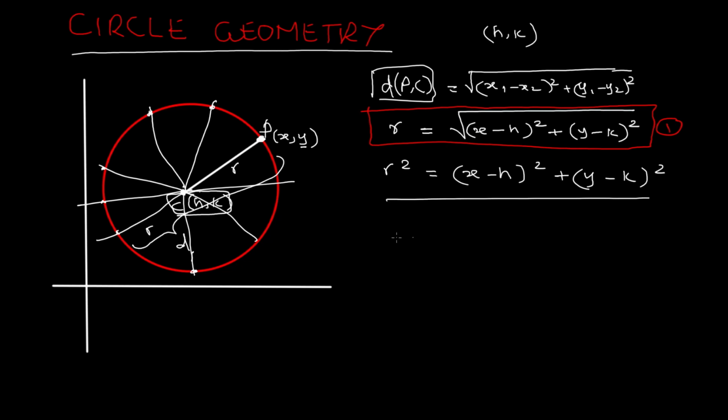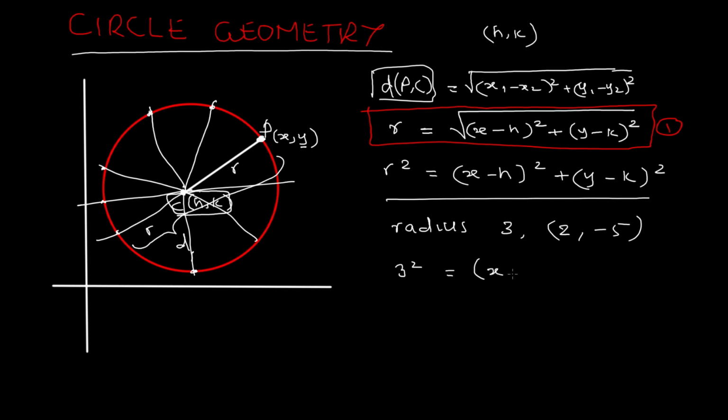So now an example would be if we were to calculate the equation of a circle which has radius, let's say 3, and center 2, 5, like that. What would be the equation? So here we can say 3 squared is equal to, we place our values there.